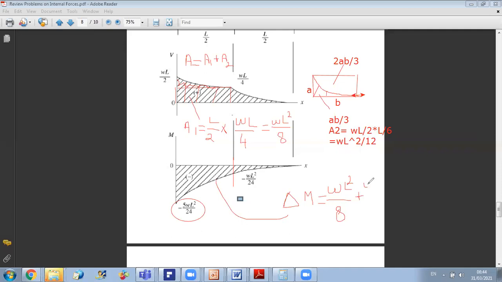Okay. So you can get the value of the moment here. You can just do this value you obtain plus minus 5 omega L square over 24. You will get minus omega L square over 24. So at this point, this is the value of the moment.